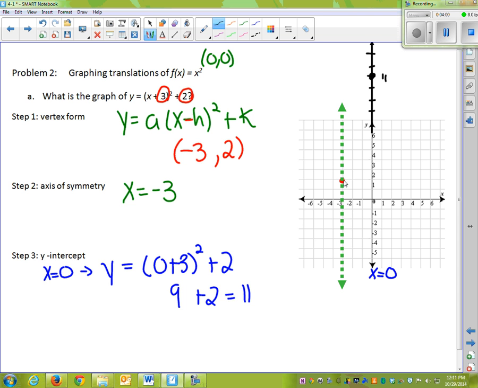So my axis of symmetry can be used. I went 1, 2, 3 places to the right to get to the 11. So I can also go 3 places to the left and plot the same point. Now I have my 3 points that I can use to plot the parabola.